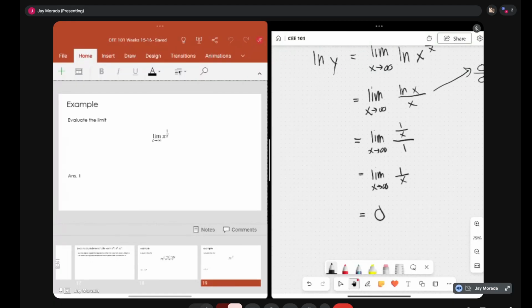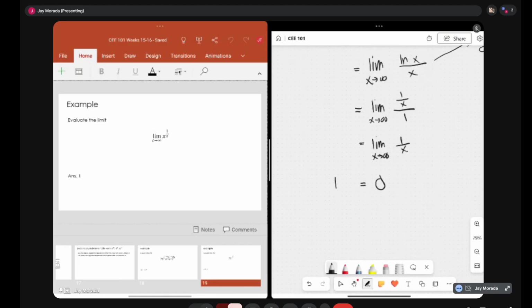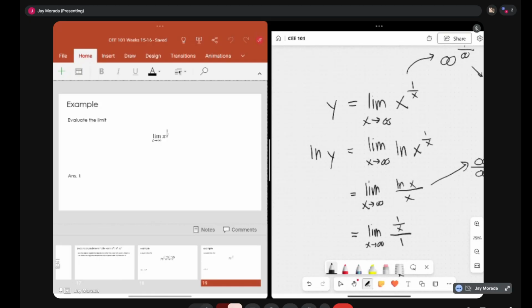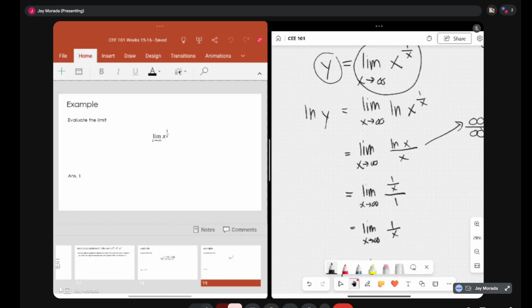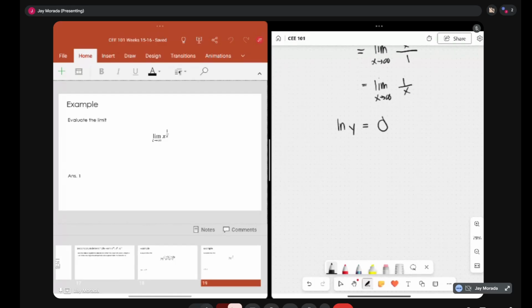So let's copy the ln y. We are tasked to find y. So using the relationship between the logarithm and the exponential, we have e raised to 0. Anything raised to 0 is 1. So final answer.